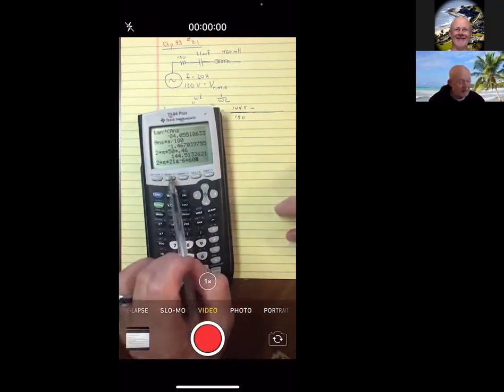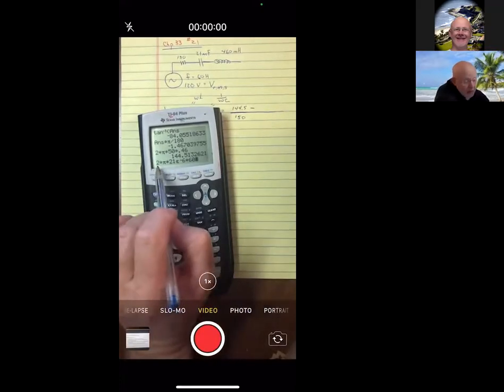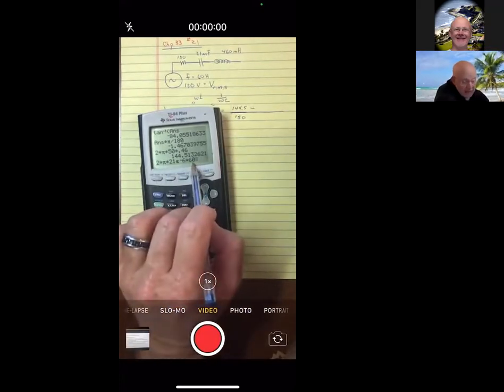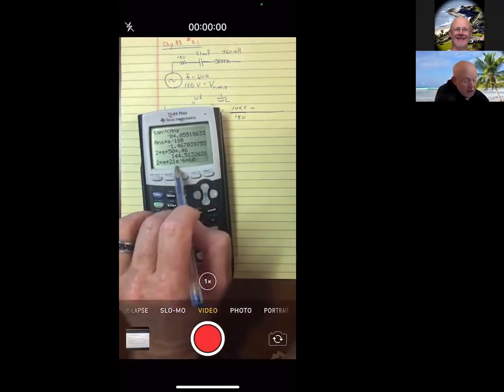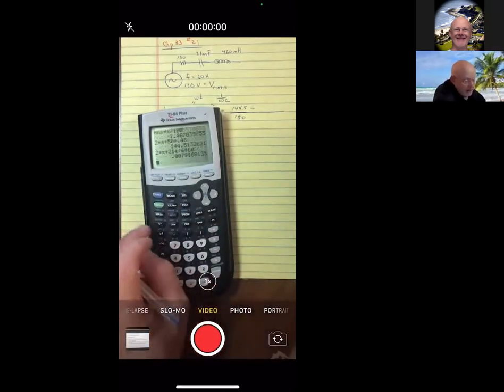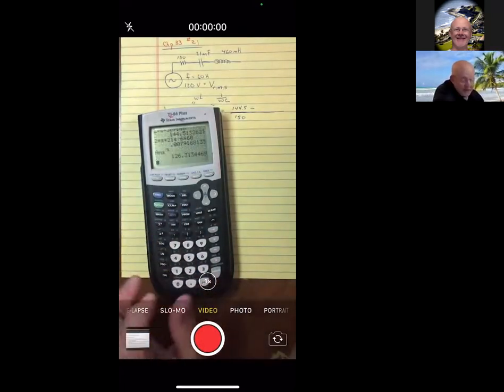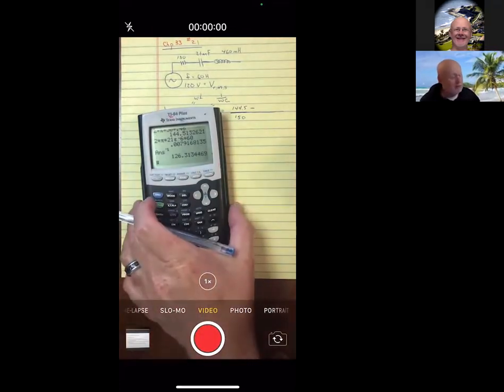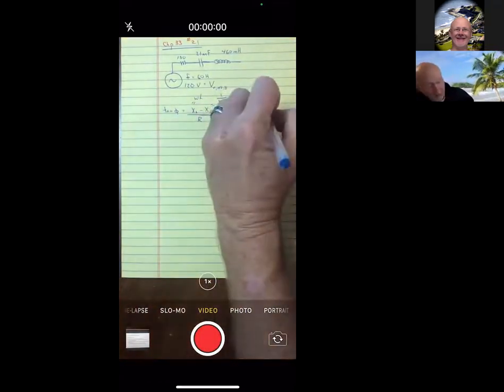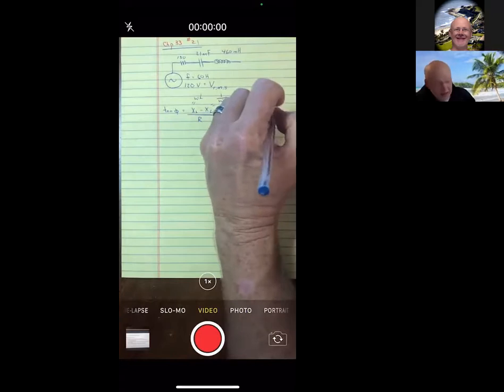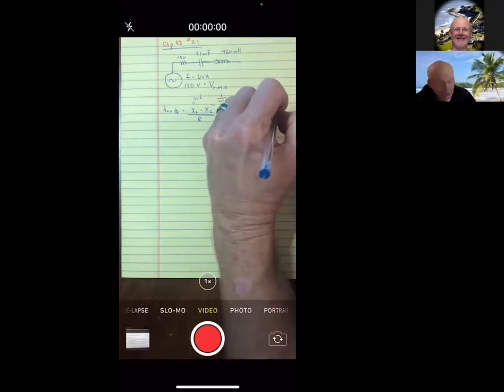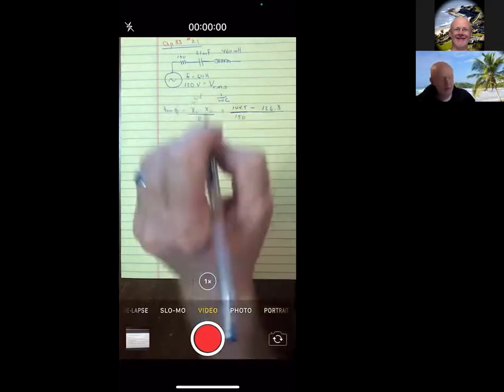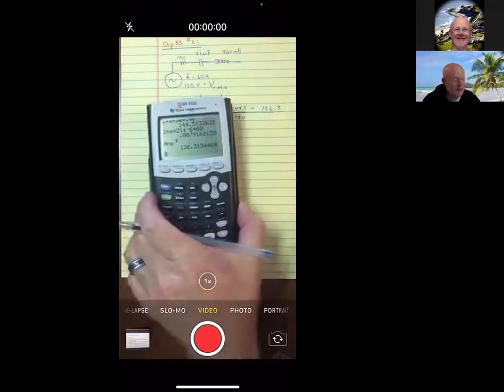All right, let me just check. I think I got this out of order, but there's the 2 pi 60. And then there's the 21 microfarads. Let me take the reciprocal of that. Oh, it's not what I expected. Okay. 126.3 ohms for the reactance of the capacitor.